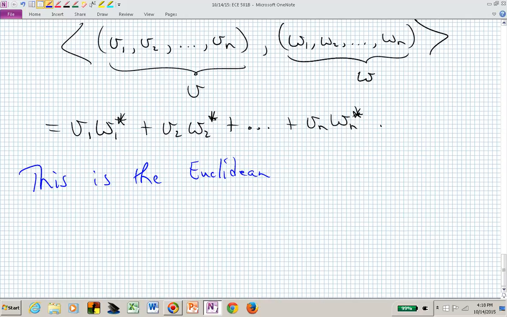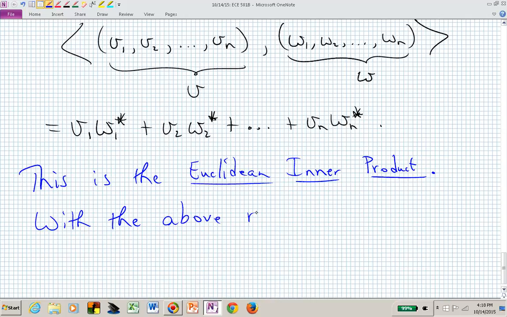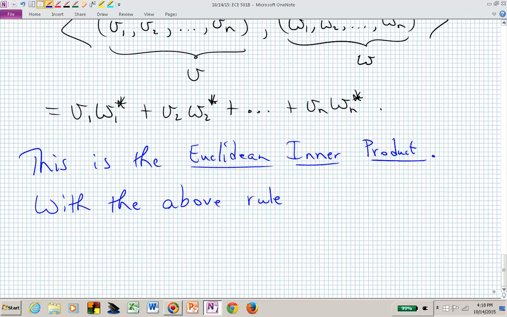This is the Euclidean inner product, and with the Euclidean inner product rule, we have that the inner product of v and v will be the 2-norm of v squared.